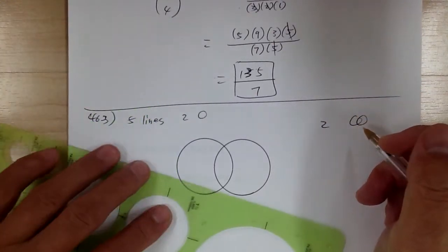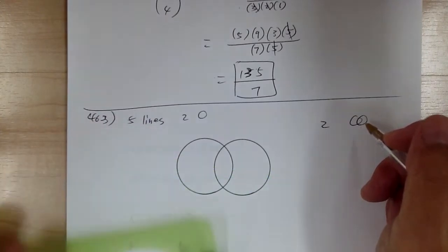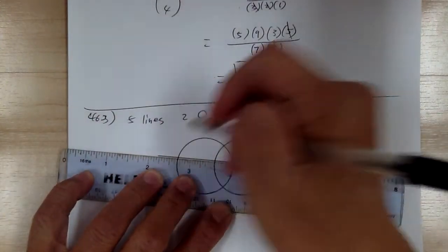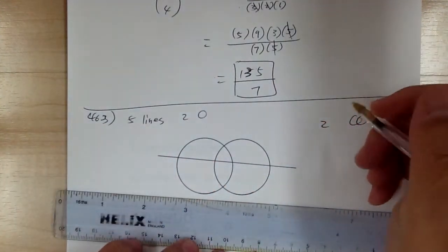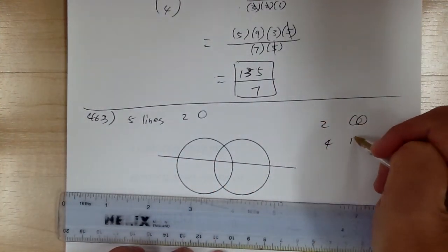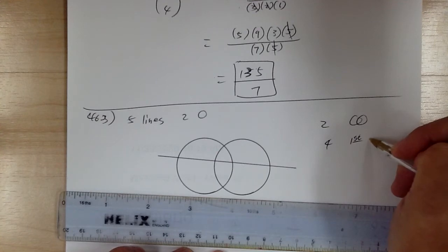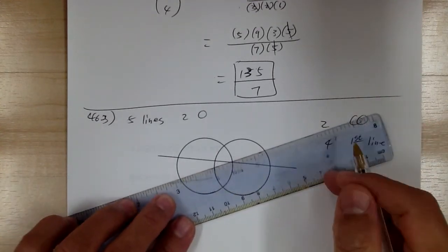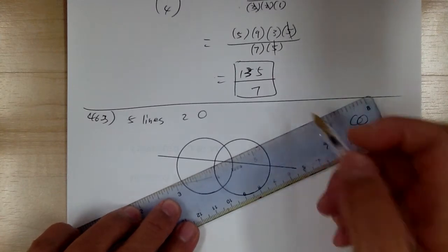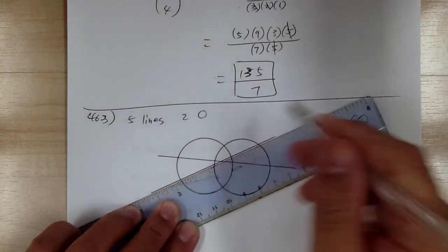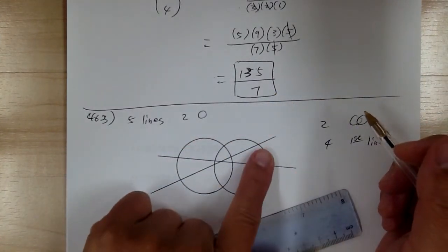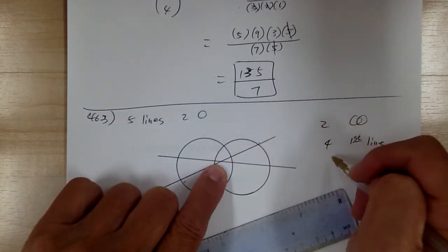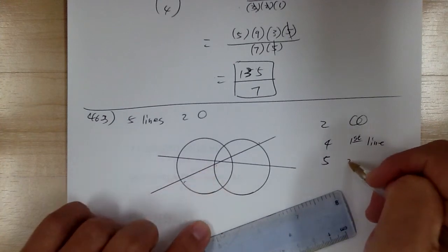Then the first line, if you draw the line, you're going to get 1, 2, 3, 4. Okay, so 4 for the first line. And for the next line, if you draw it like this over here, you're going to cross the 4 intersections with the circle plus the one with the line before, so it'll be 5.